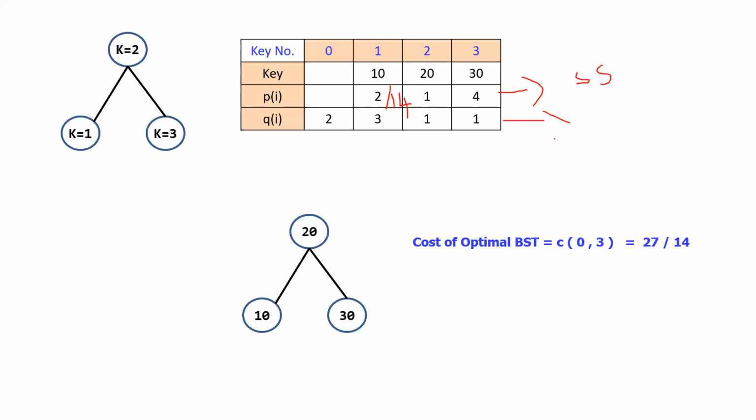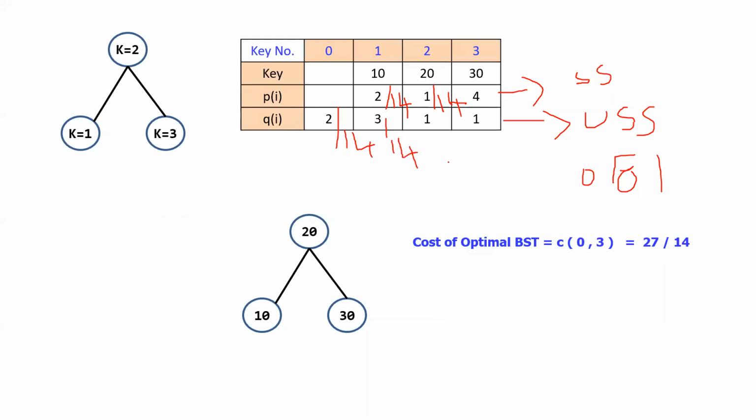Q of i represents the probabilities of unsuccessful searches. Probabilities will be in the values 0 to 1. So the given values were 2 by 14, 1 by 14, 4 by 14, and so on.